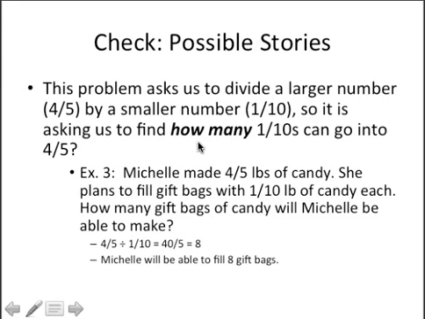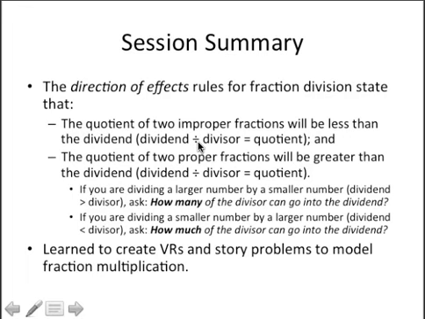So these example stories may look a lot different from the story that you wrote, but they should be similar in structure. You're asking how many or how much of one fraction can go into another. In summary, we learned in the division sessions about the direction of effects.